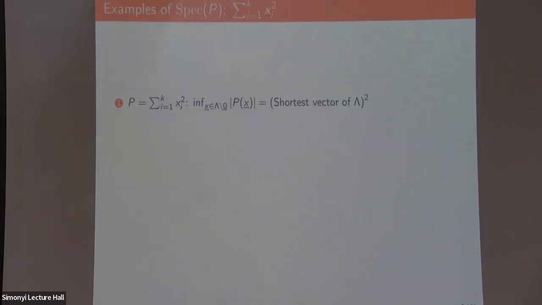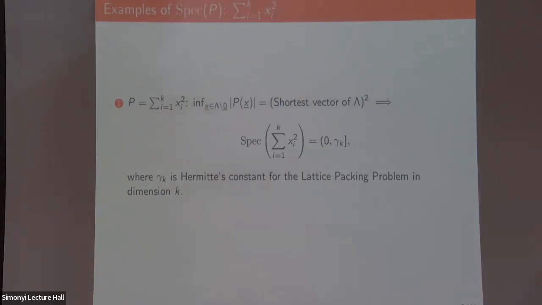And this is a continuous problem because if you shift your lattice by a little bit, the shortest vector of the lattice also shifts by a little bit, which means that we might not know what the spectrum is exactly, but at least we know that it's an interval by continuity. It's an interval from 0 because as lambda goes to the cusp, we go close to 0, and up to some gamma k, which is Hermite's constant for the lattice packing problem. So in this case, it's an interval.